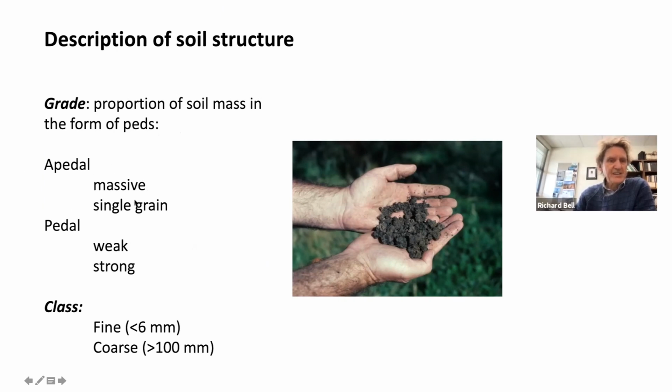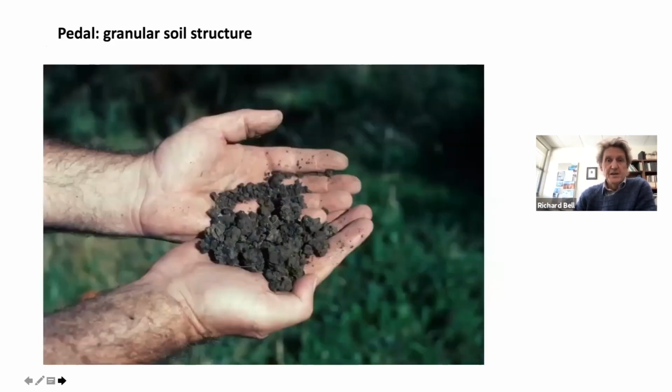And many of our hard-setting clay-rich soils also have no peds, so they're massive apedal in their structure. So we can describe whether the soil is pedal or apedal, then how well developed the peds are, and we can describe their size. So that's what's called a granular type structure.